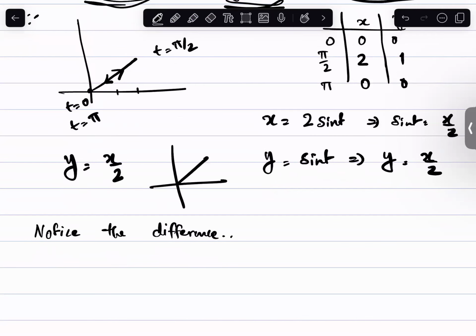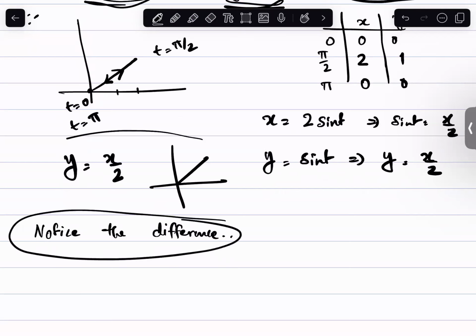Okay, there is no question about direction. So you should notice the difference. If I use the xy system, then I'll get only a line. I don't know which direction the particle is moving. There is no information.